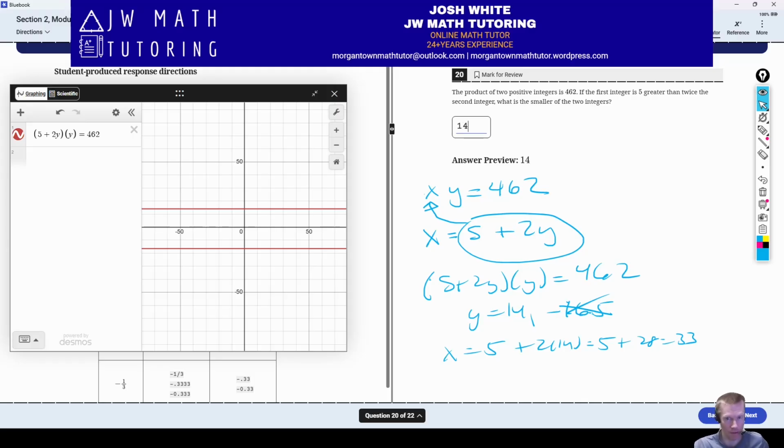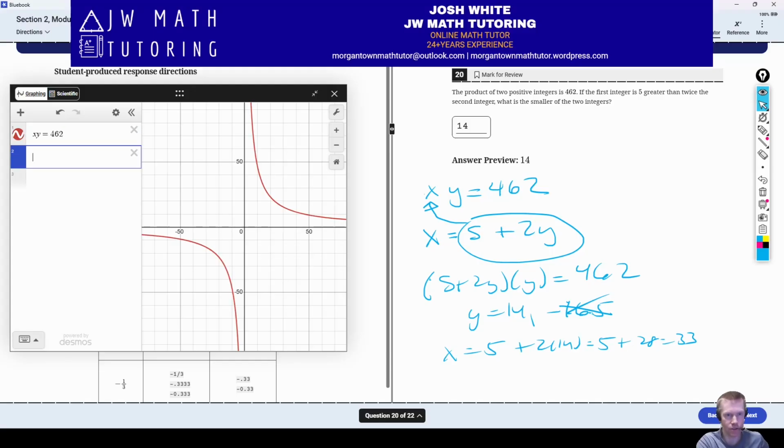So that's what you would type in. Now, what I wanted to show originally was if you set up the initial system of equations, i.e. the product of two integers is 462, and you know that one is 5 more than 2 times the other, you don't actually have to substitute this in. Once you get the two equations, you can just graph them and look at the solution points. Okay, notice these values are not positive.